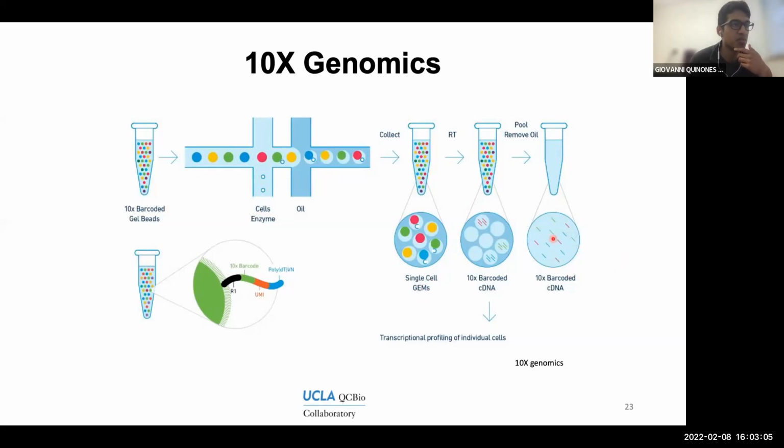This will be the multiplexing part, when we're pooling them together again after already labeling, thanks to the beads. And from this step forward, we'll amplify the signal, make copies, and then sequence, like reading the actual cDNA molecule.